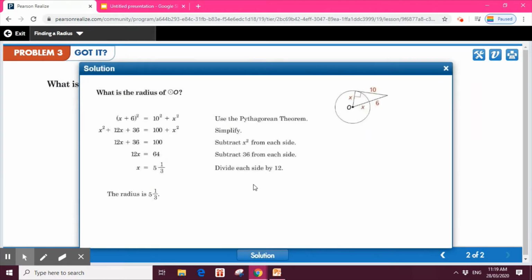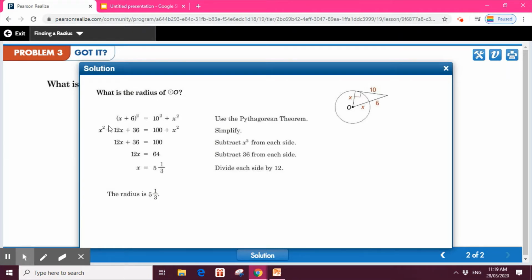The answer is x equals 5 and 1/3. From (x plus 6) raised to 2 is equal to 10 squared plus x squared. So we use the Pythagorean theorem, which is a squared plus b squared is equal to c squared. Then simplify. What is (x plus 6) squared?